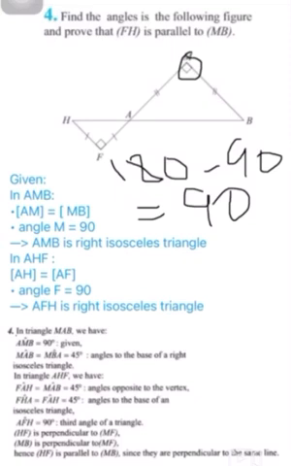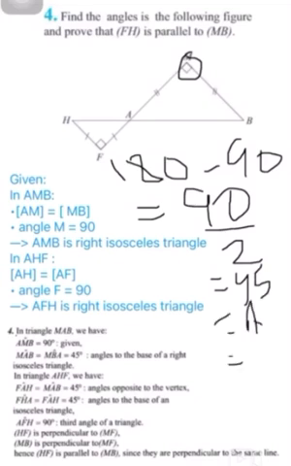So the final answer is 90. But we know that angle A is equal to angle B, so here we have to divide by 2. So angle A is equal to angle B, and each one of them is equal to 45 degrees.